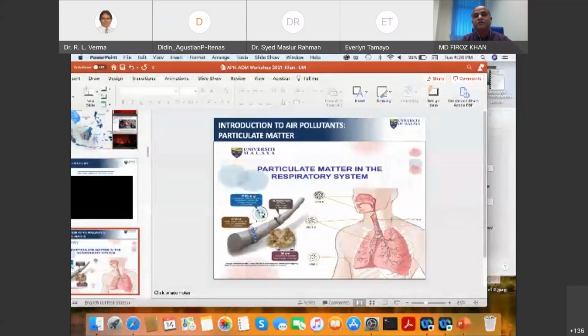And apart from respiratory and cardiovascular disease, this air particle can even pass through our bloodstream and come into our head or brain and cause brain related, neurological disease. For example, Alzheimer's disease. A simple example is many old people in our family, you have seen that they simply lose their memory, right? So this kind of particle, once coming into our brain, can cause that kind of memory loss disease. So let's move on.